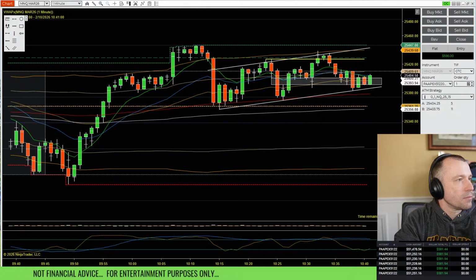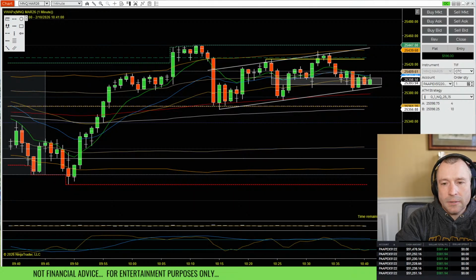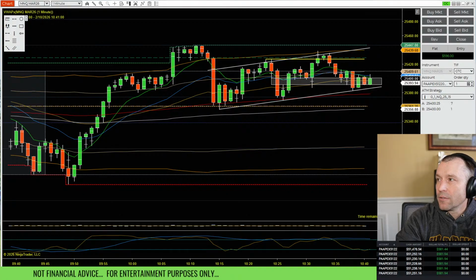Oh, there we go. All right, so that's a pop above that double inside bar. Is that enough for it to continue up?